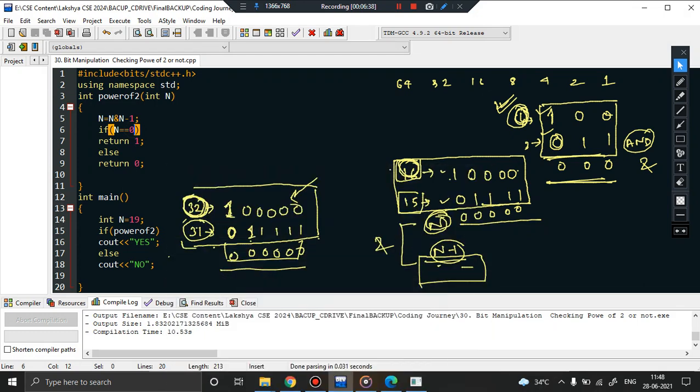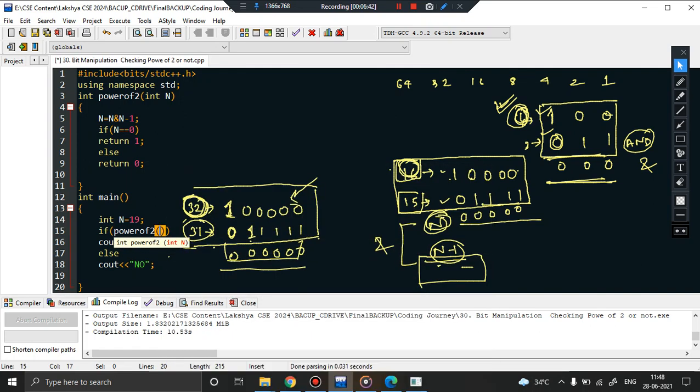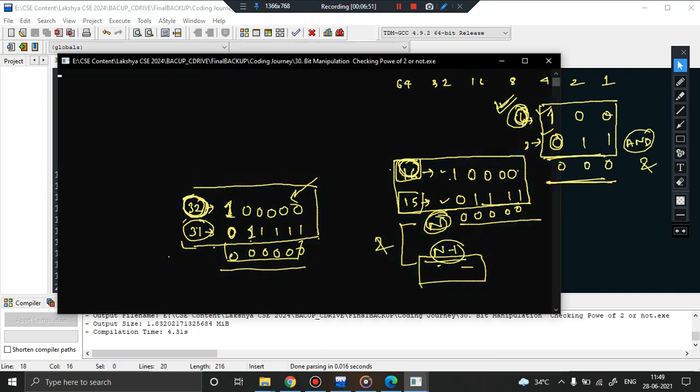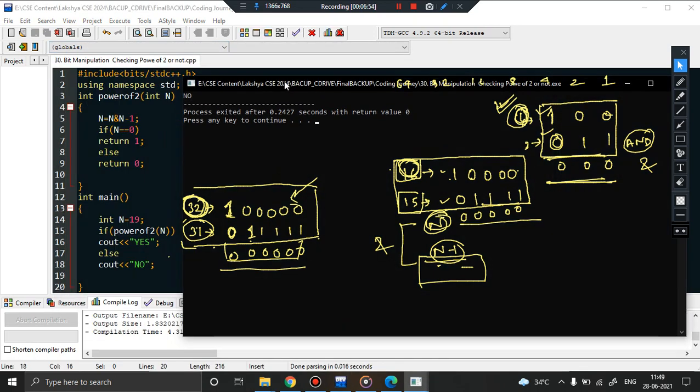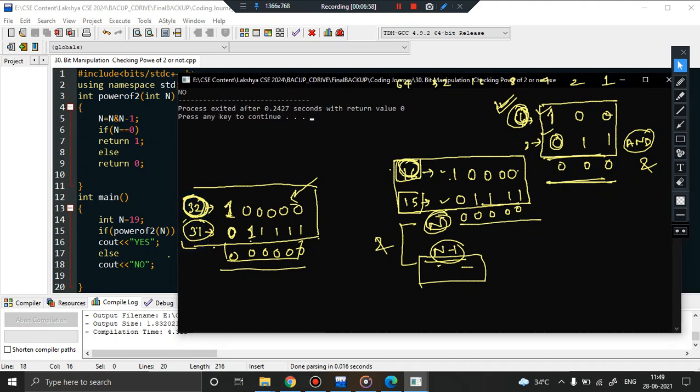So if power of 2, you need to pass the value n. This is the problem. So we should pass the value n, and now we compile it. You can see the answer is no, because 19 is definitely not a power of 2. So the mistake was that we were not passing n here.